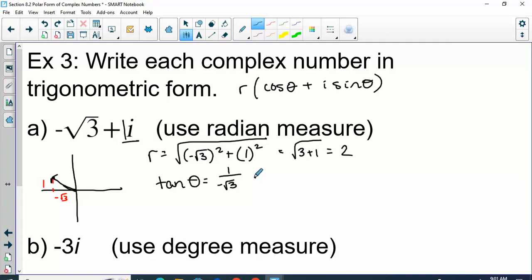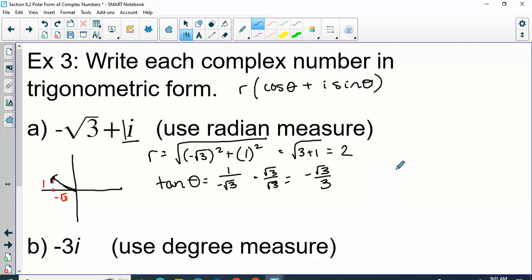Get the radical off the bottom. So tangent is negative radical 3 over 3. We don't need a calculator for this. We should know. Radian measure.